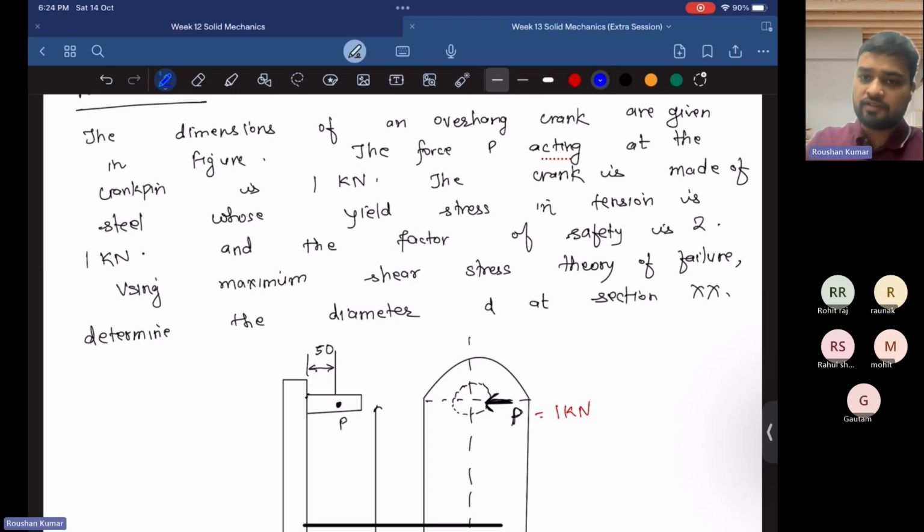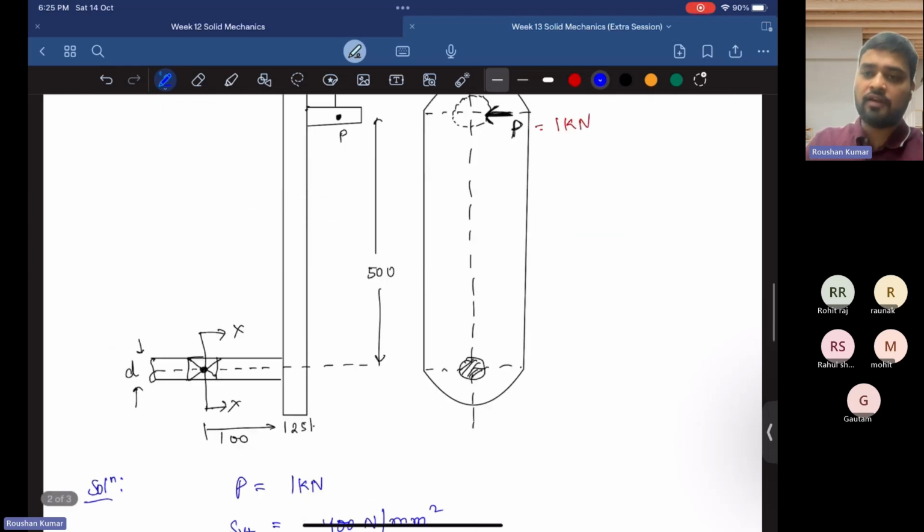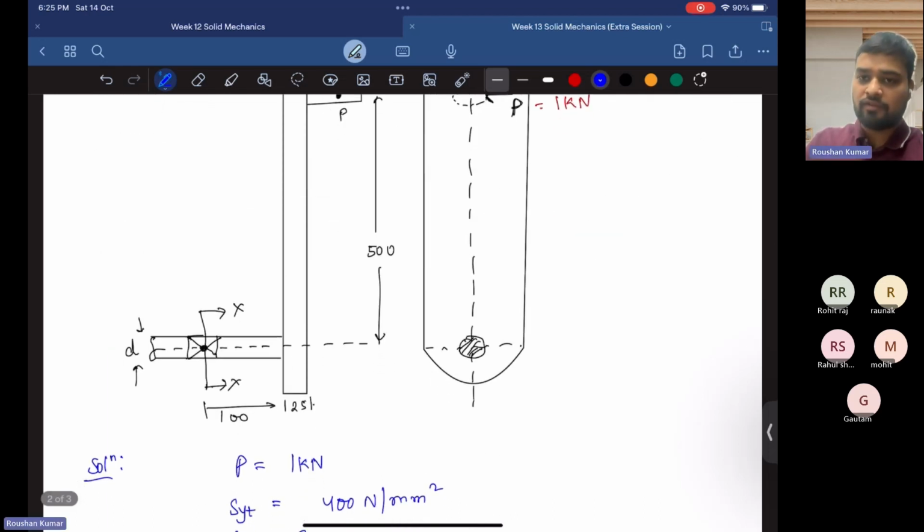This question is about the maximum shear stress theory. Here an overhang crank is given and a load P is acting such that it induces some bending moment and torque both at the section XX.